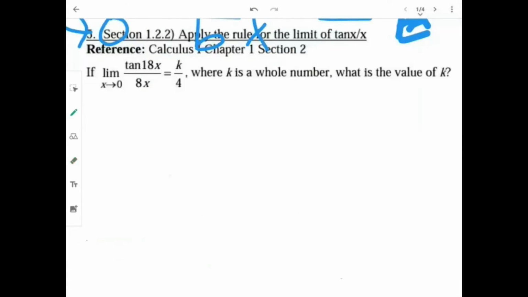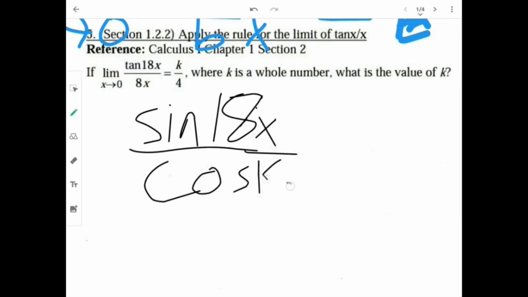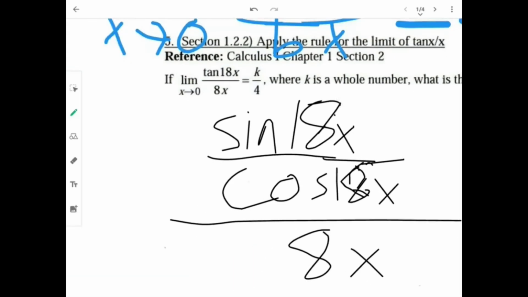Okay, so question 5, limit as x approaches 0 of tan 18x over 8x. So we have to split tangent into sine over cosine. So it will be sin 18x over cos 18x, the whole thing over 8x, and obviously limit as x approaches 0.